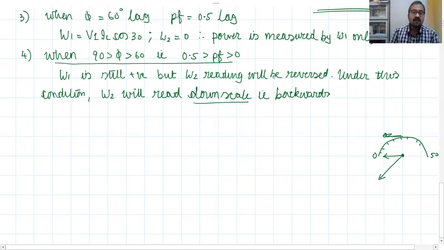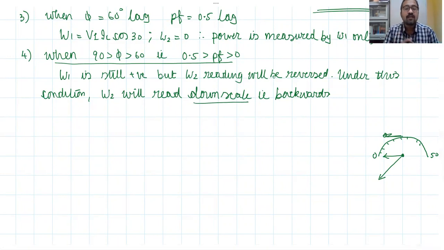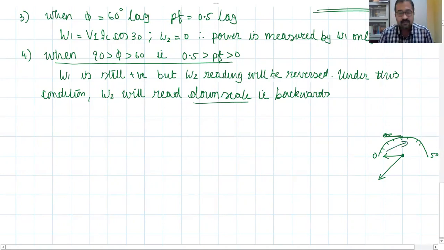So in this case, how will we solve this? You have to reverse either the current coil connection or the voltage coil connection. Once you reverse it, the meter will read in the positive direction. Suppose you got some reading W2, but that should be taken as negative. So total power will be W1 plus W2, where W2 is minus W2.